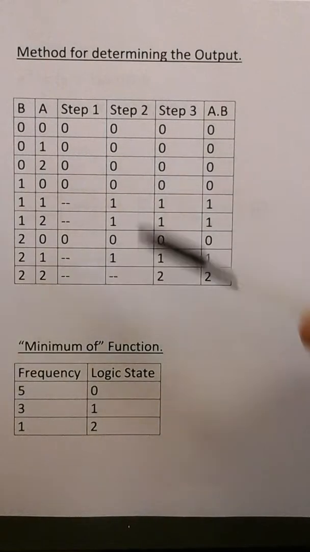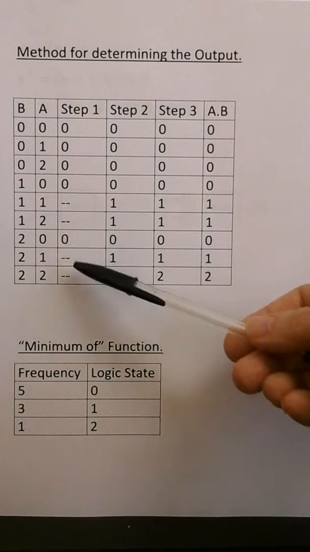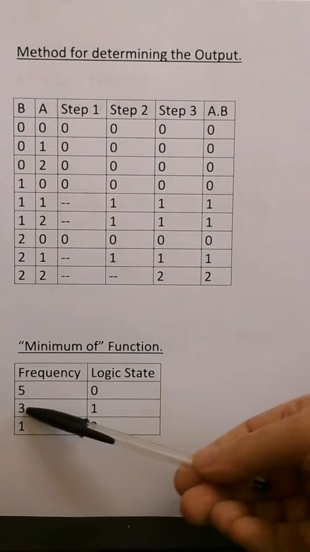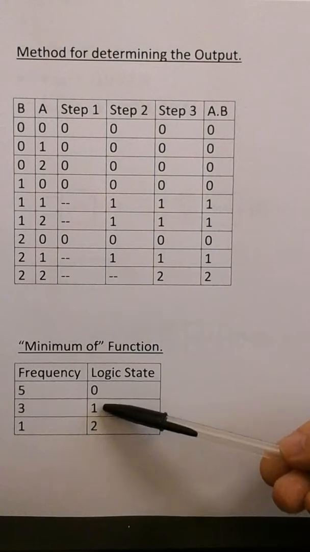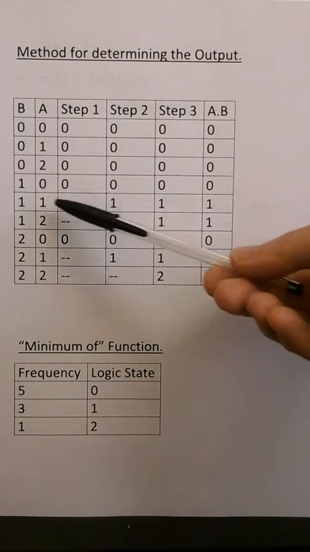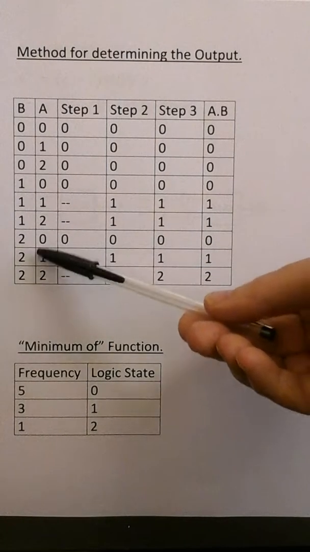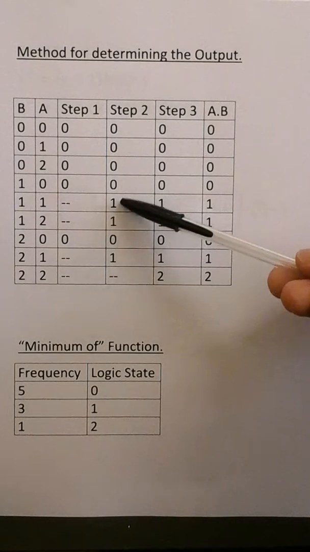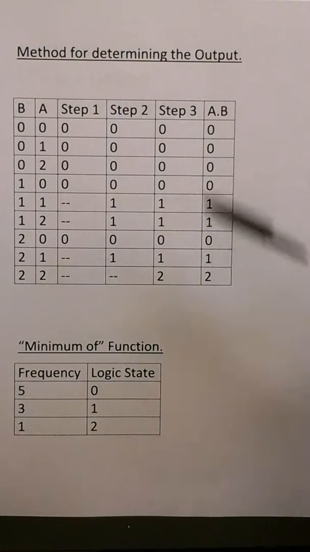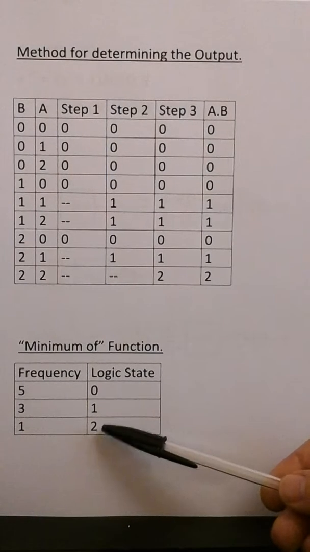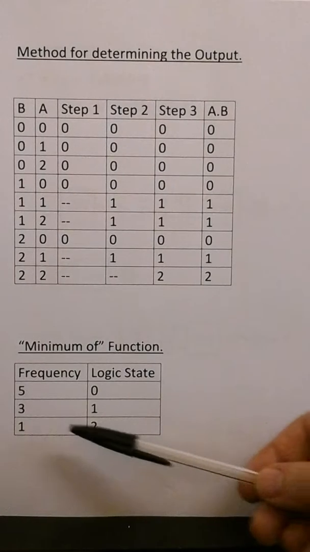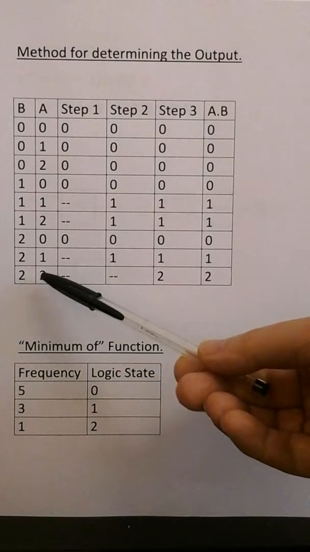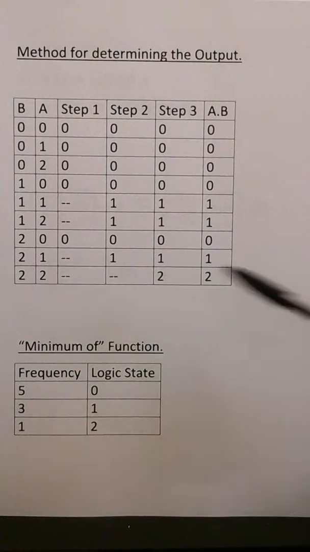And step 2, for the remaining outputs of the truth table, you take the next most frequent number, which is a 3, which has a logic state of a 1, and you look for those on the inputs, and you fill that logic state on the output. And step 3, you look for the least frequent number, which in this case has a frequency of 1 and logic state 2, and you look for it on the input and you fill that in on the output.